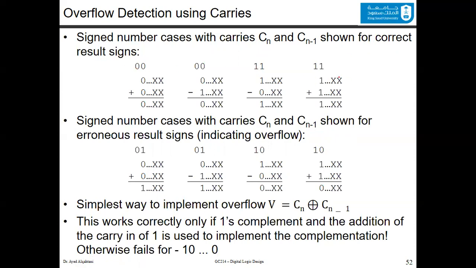As you can see, this is the same thing that we found in the previous slides, but now we added the carries in the stage Cn and in the stage Cn plus 1, or as we indicated here, if we assume that this is Cn minus 1, this one would be Cn.